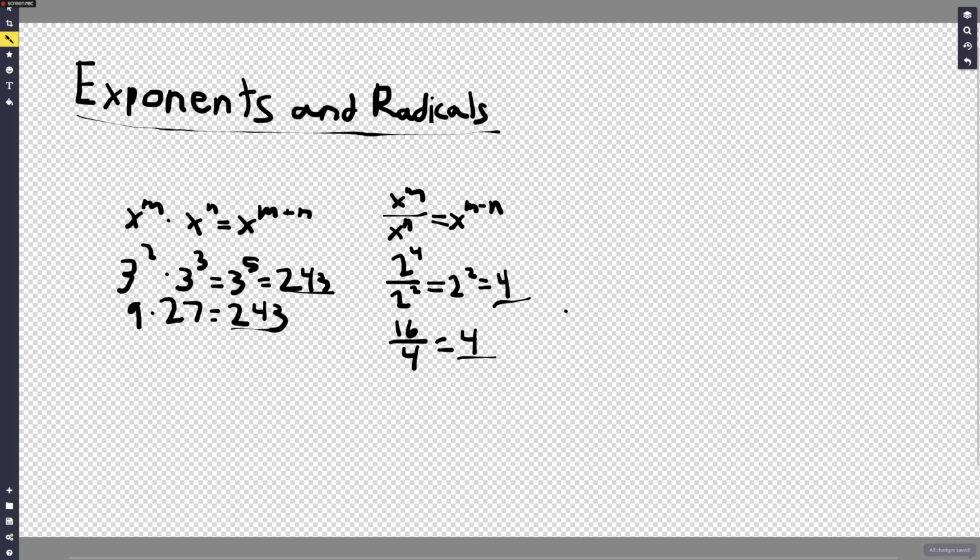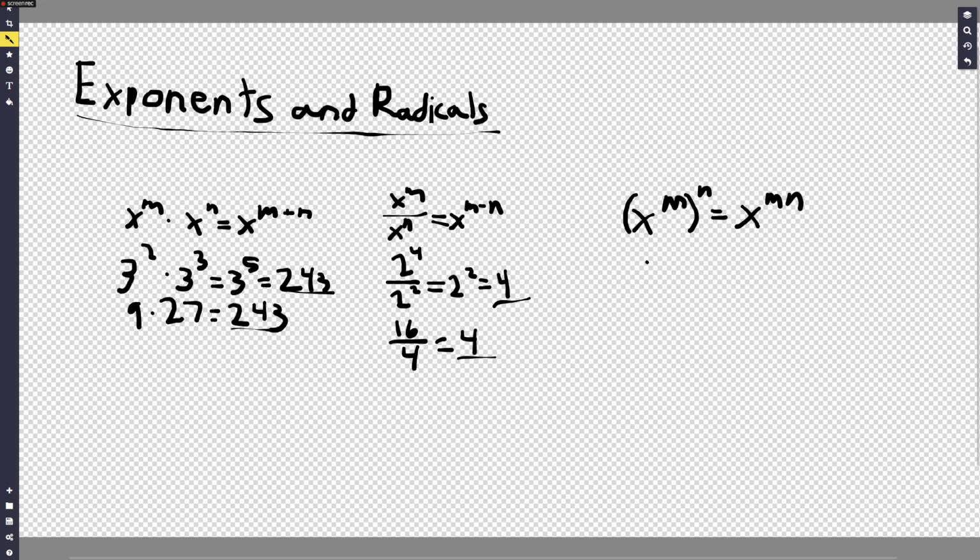Now for the final one, the power property. So this says that whenever you have an exponent to the power of another exponent, you just multiply them. So x to the power of m to the power of n is just equal to x to the power of m times n. So let's test this out again.